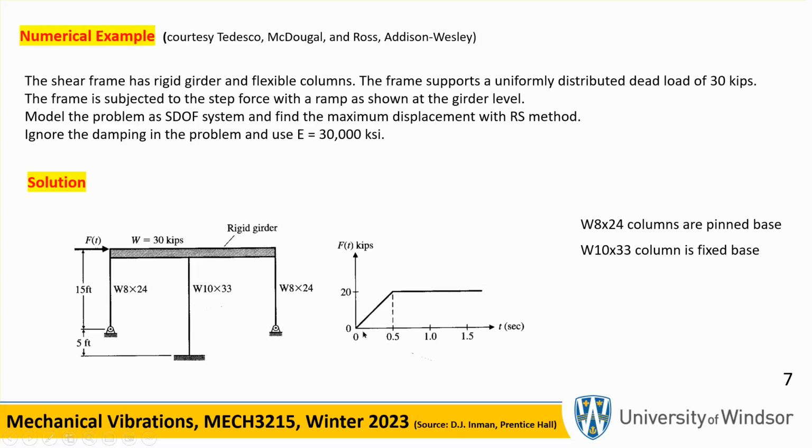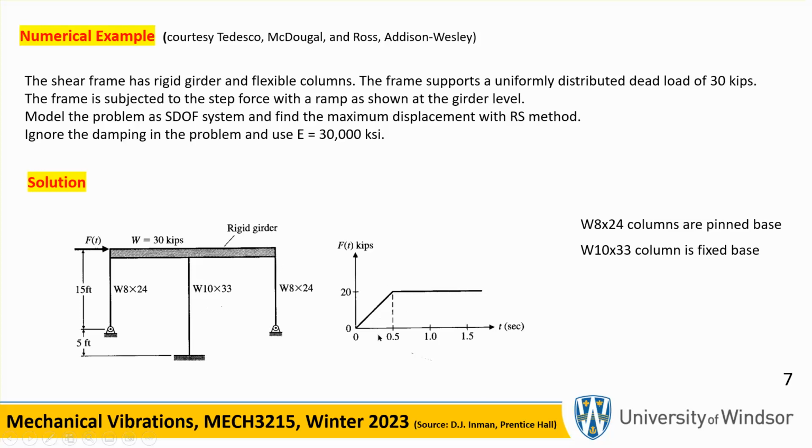The load varies like that. After half a second, the load reaches a value of 20,000 psi and stays like that. So this is how the load is applied, and we want to find out the maximum deflection under this.